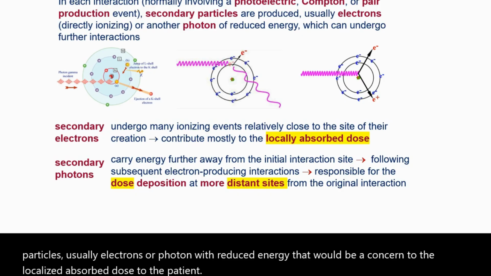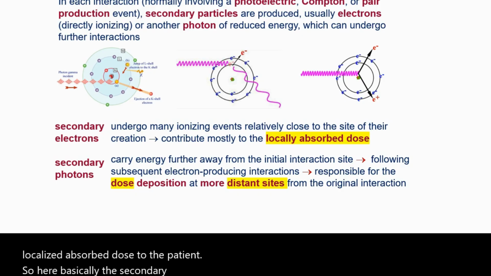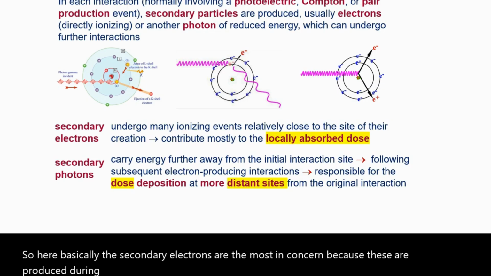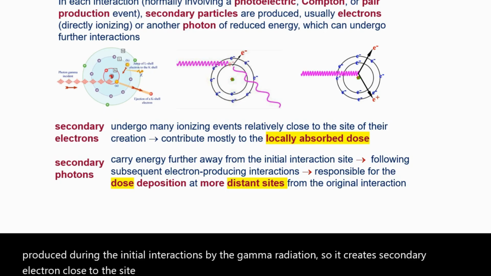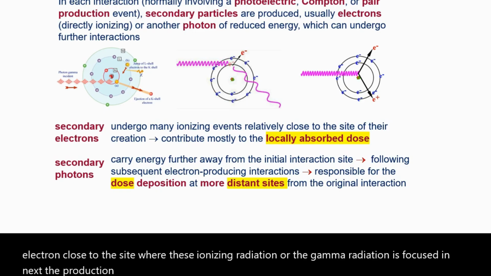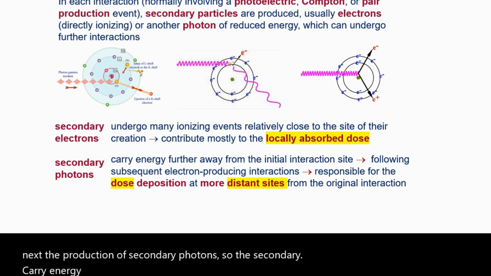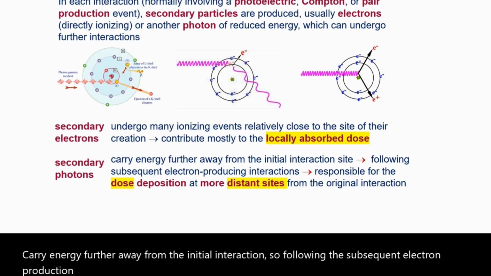Here the secondary electrons are the most in concern because these are produced during the initial interactions by the gamma radiation. So it creates secondary electrons close to the site where the gamma radiation is focused. Next, the production of secondary photons. The secondary photons carry energy further away from the initial interaction. Following the subsequent electron production, these photons are responsible for dose deposition at a distant site.